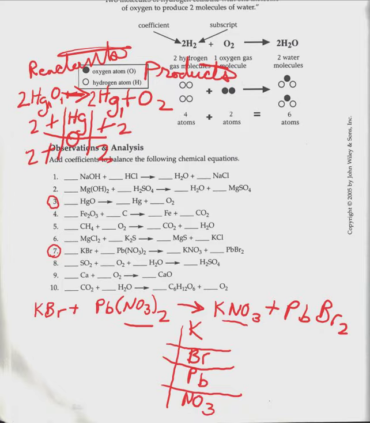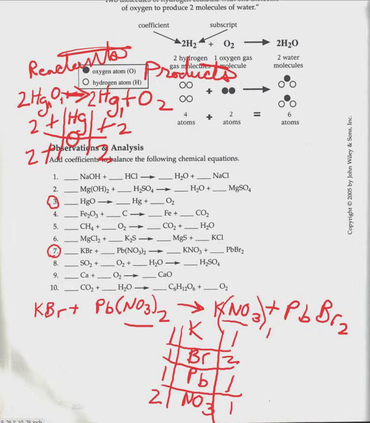And so we have 1 K on the reactant side, 1 K on the product side, 1 bromide on the reactant side, 2 bromides on the product side, 1 Pb on the reactant side, and 1 Pb on the product side, 2 NO3s on the reactant side, and 1, there's no parentheses, we can put a 1 there, so there's 1 NO3 on the product side.